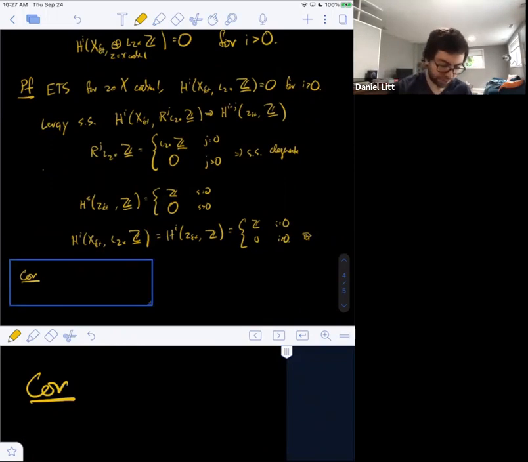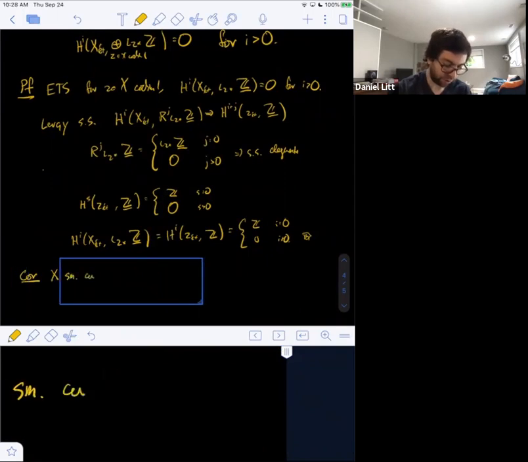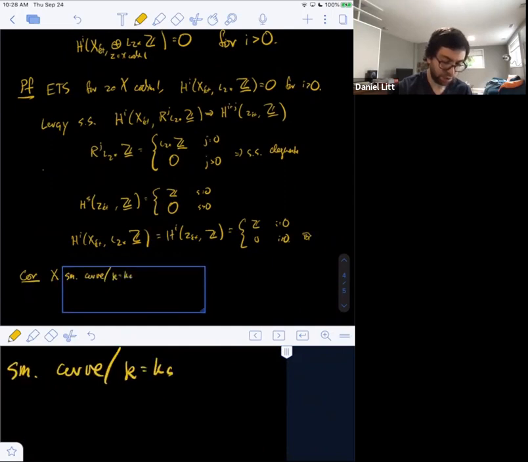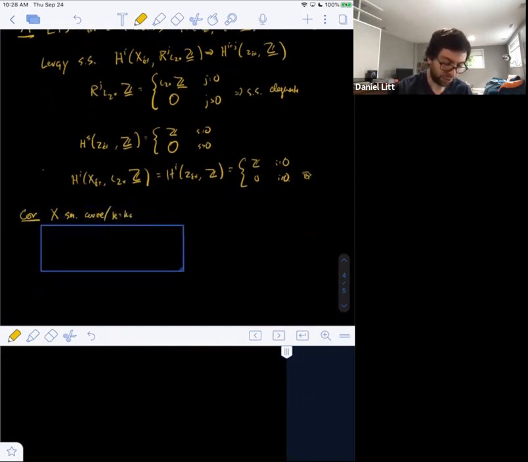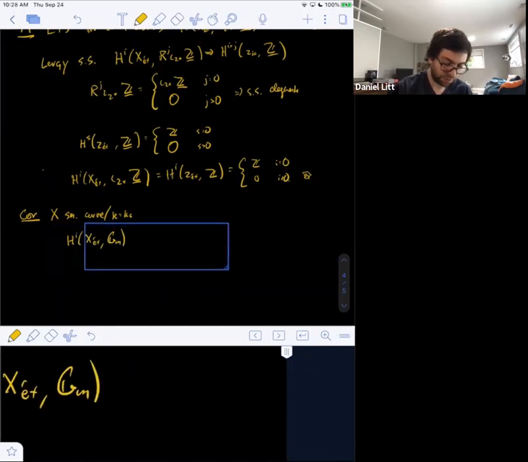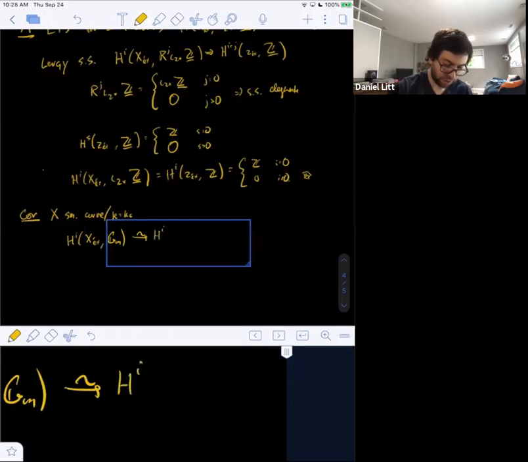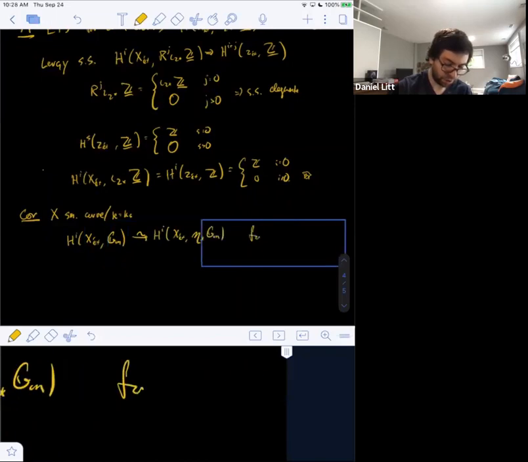That tells us that if X now is a smooth curve, so we need that to get that short exact sequence, a smooth curve over K, a separably closed field, then we get H^i of X étale with G_m coefficients is canonically isomorphic to H^i of X étale with coefficients in eta lower star of G_m for i bigger than 1.